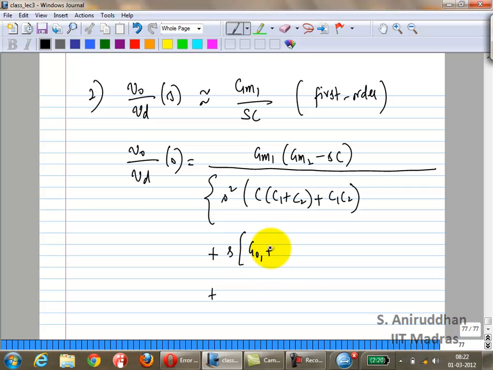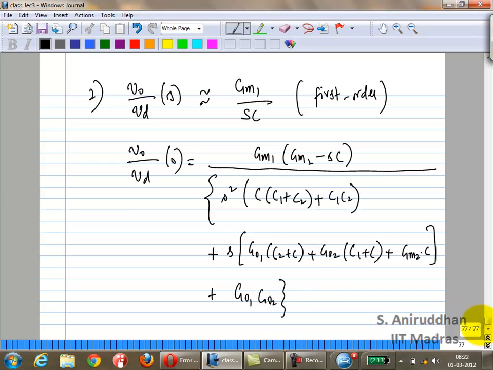G01 into C2 plus C, plus G02 into C1 plus C, plus C GM2. Okay. Correct. What is the constant term? G01 G02. Okay. Perfect.